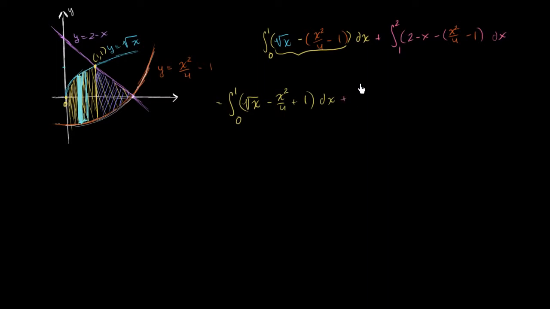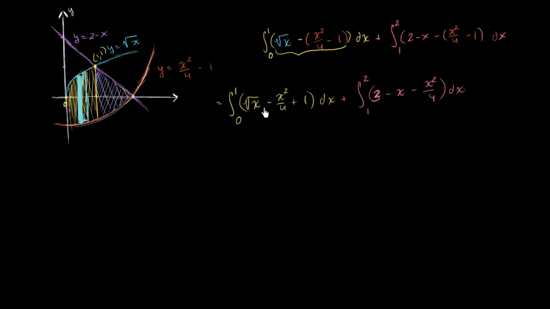Plus the definite integral from 1 to 2 of 2 minus x squared over 4, and then subtracting a negative 1 is a positive 1. We could just add it to this 2, and so this 2 just becomes a 3, since 2 minus negative 1 is 3, dx.